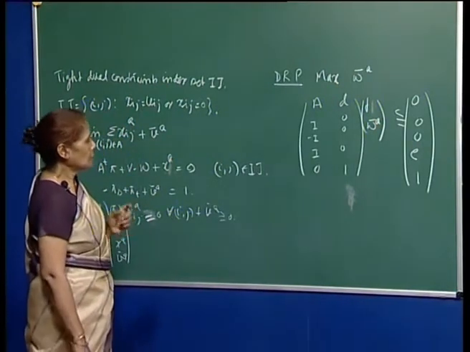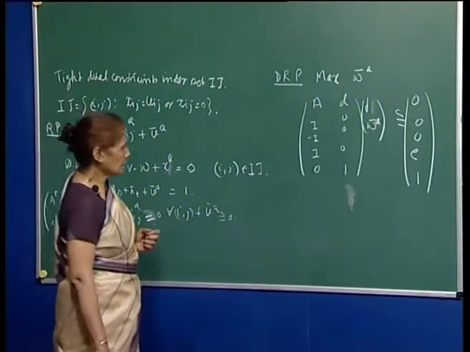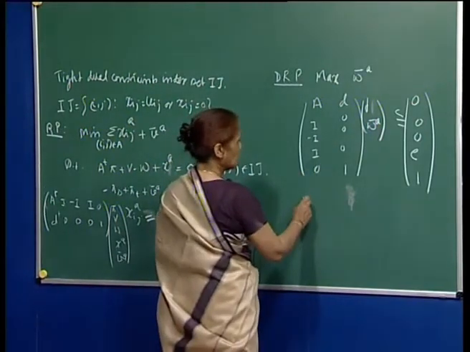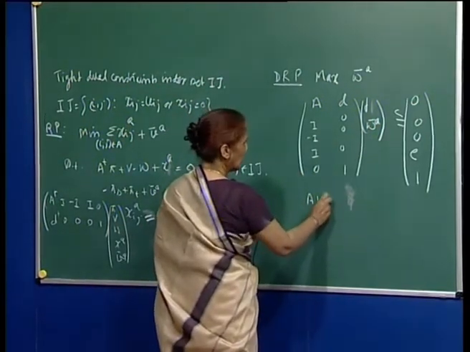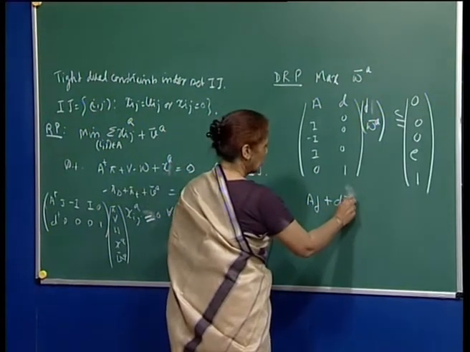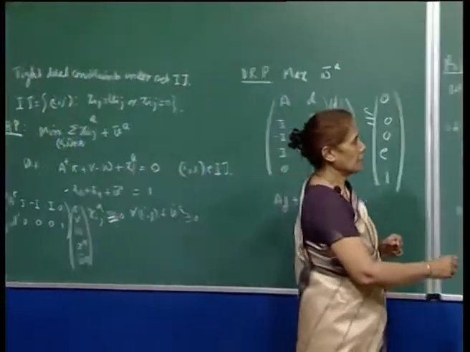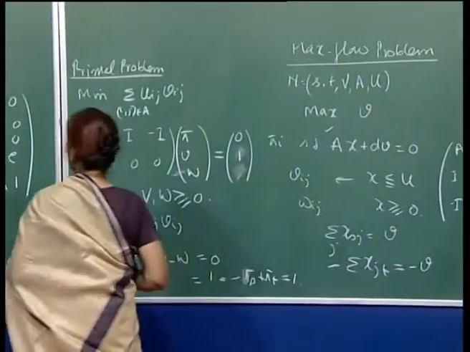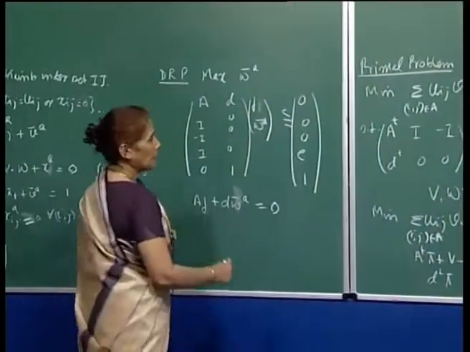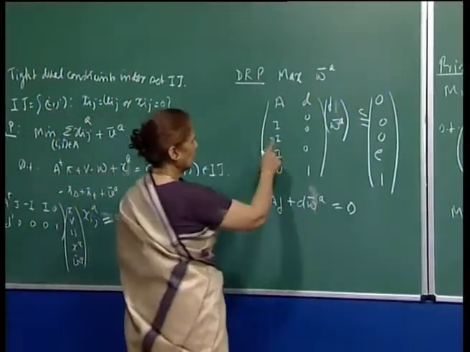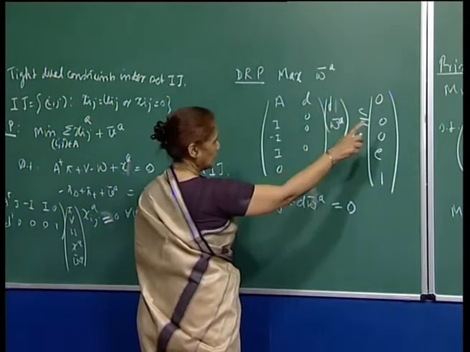Okay. Now I want you to look at this set of constraints, this problem very carefully. See, the first one says that your AF plus D W bar A is 0, which is your flow conservation, which we are anyway having here, and this is, remember, only for the rest, and then it will tell you F less than or equal to 0.